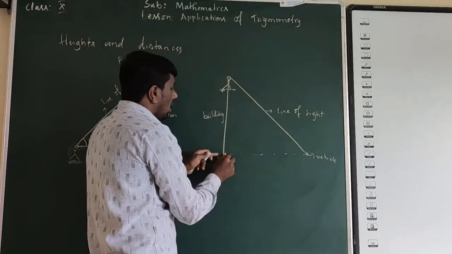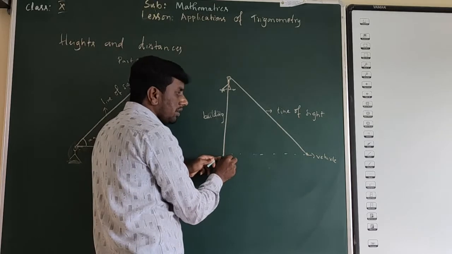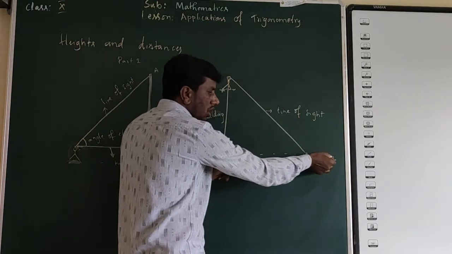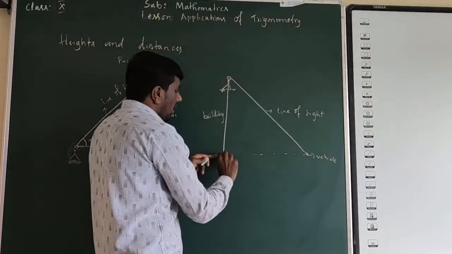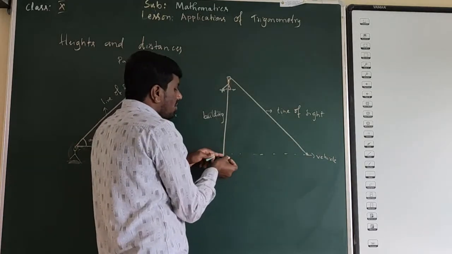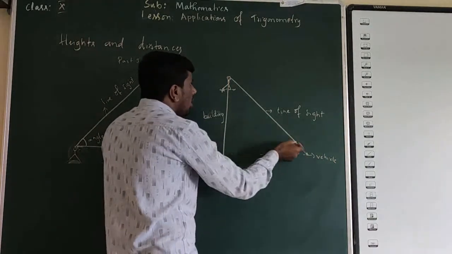This is the bottom of the building, the foot of the building. This is the vehicle. The vehicle will be parked on the road, on the ground. The building is also constructed on the ground. So this is a parallel line, right?